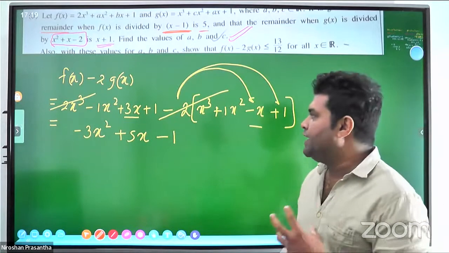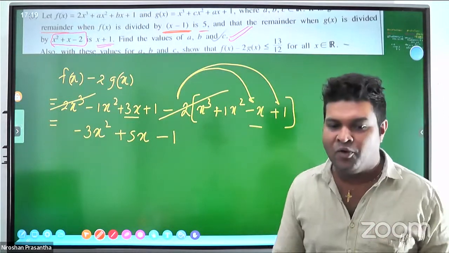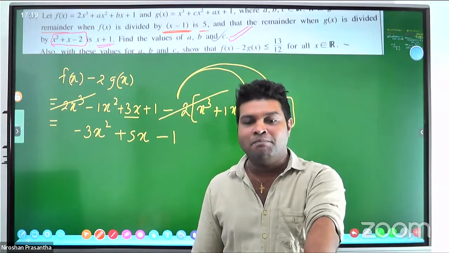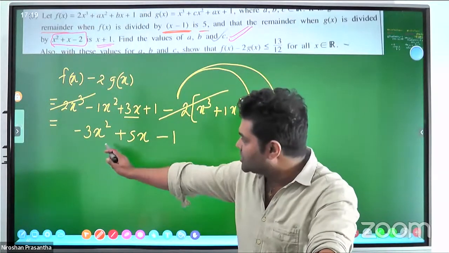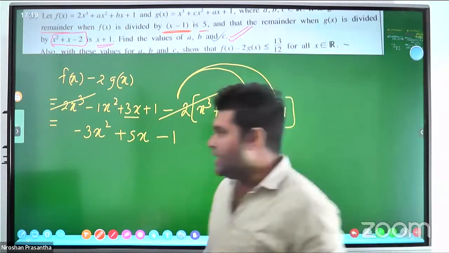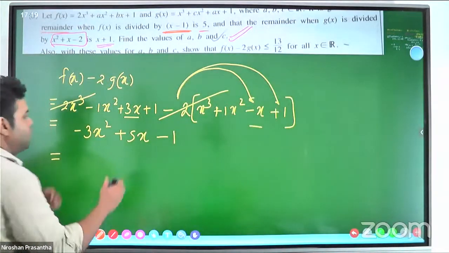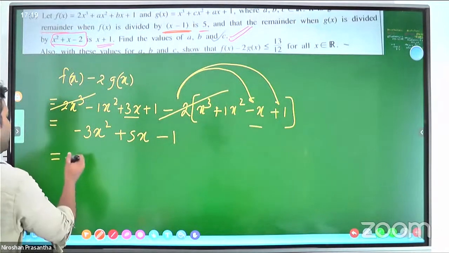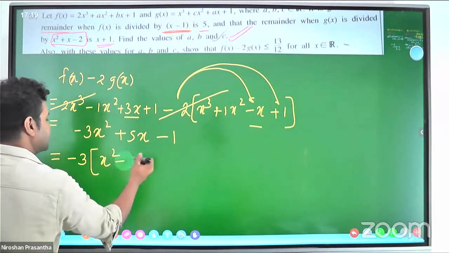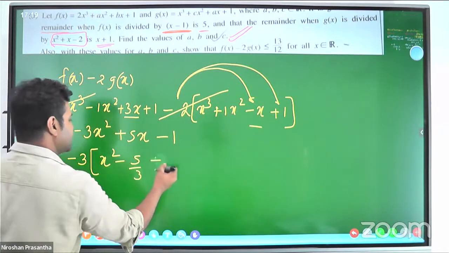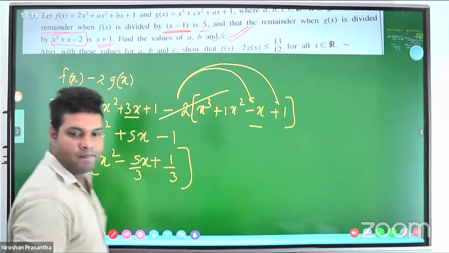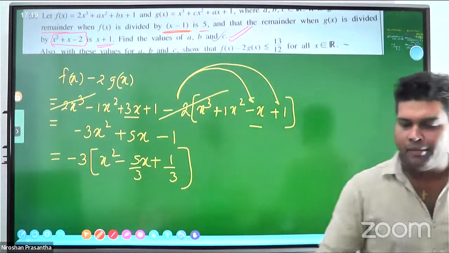To find the maximum or minimum value, what is the strategy that you always use? Completing the square. Can we complete the square for this? Why not, it is a quadratic equation. At advanced level, when you complete the square you will have negative 3 outside, and x squared minus 5/3 x plus 1/3.